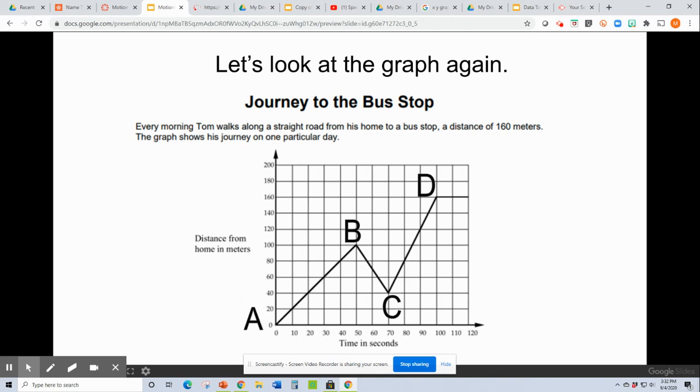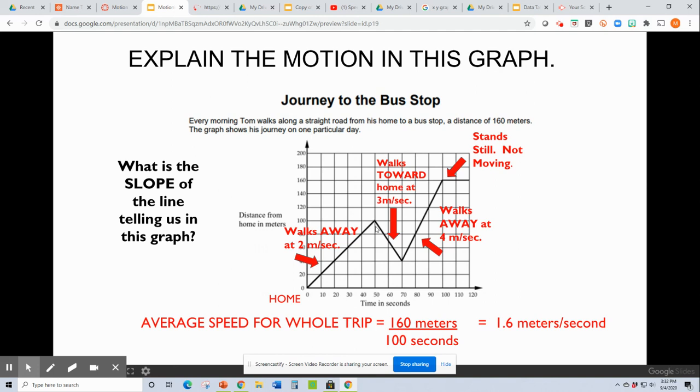Right here, from point A to point B, this is Tom. Tom is walking at a constant speed away from his house. From point B to C, he is walking at a constant speed, but he is coming back toward his house.